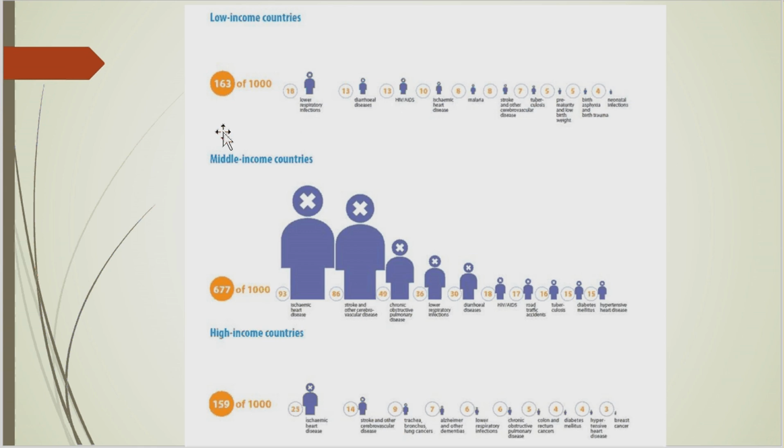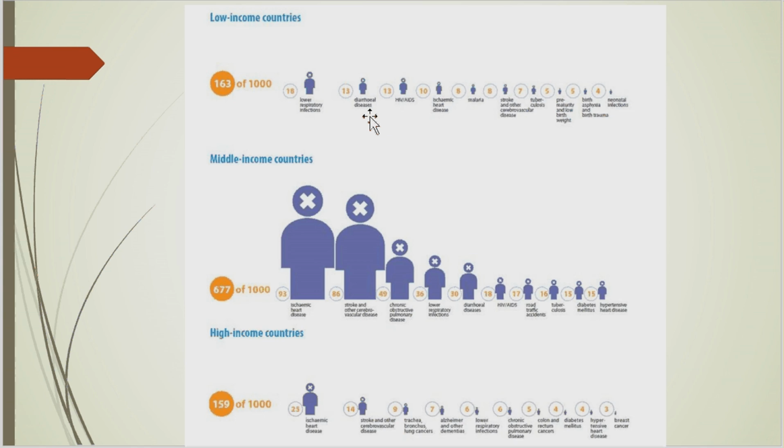Okay, so each of these different graphics represents the types of disease which cause the most mortality in these different types of countries. In low-income countries, we would have the majority of people dying from lower respiratory infections. So that would be lung infections and so on. Diarrheal diseases, diseases like cholera and, what's that other one?